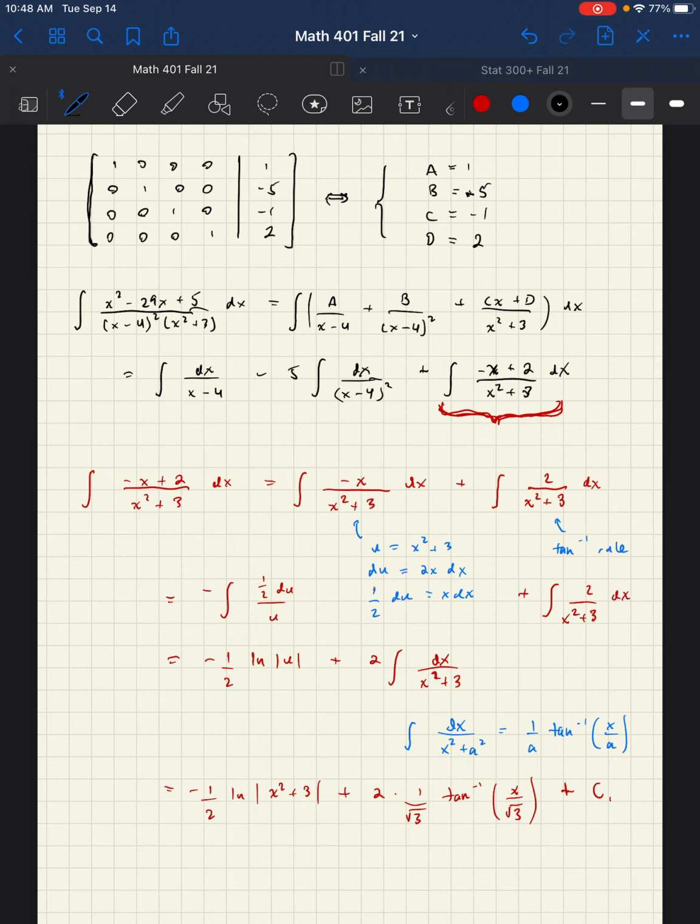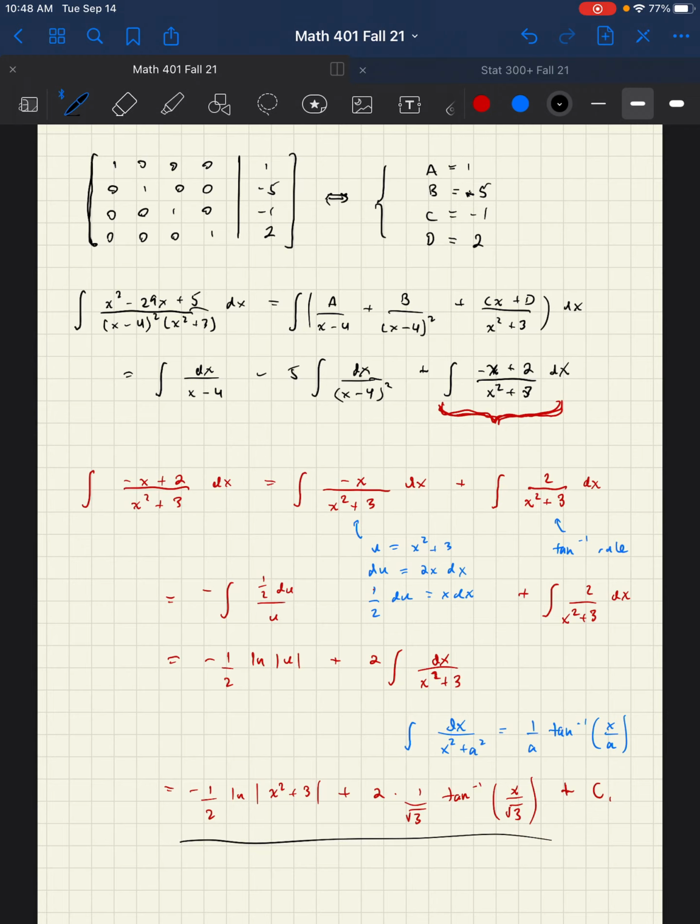Because remember, if you have a square in the bottom, you're actually using the power rule. Technically, you'll also have to use the substitution rule, but when you substitute u with x minus 4, it doesn't change the fact that dx is just replaced literally with du.